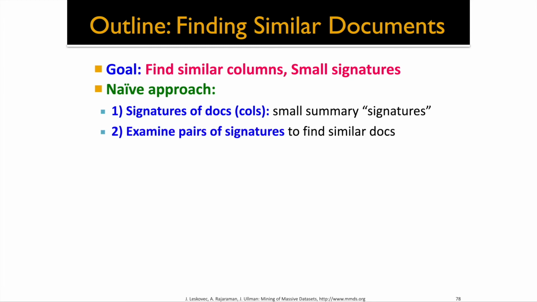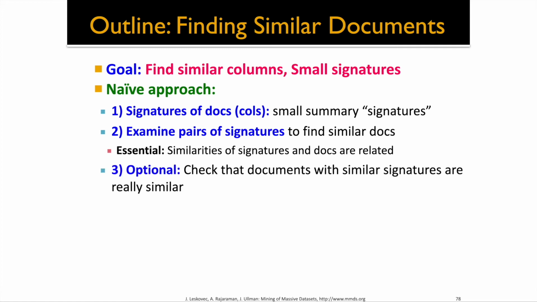And then we examine pairs of signatures to find similar documents, with the constraint that similarity between two document signatures must be related, or somehow proportional, to the similarity of the two documents in the full vector space. And then we have the option to actually go through and evaluate our candidates to see which documents are actually really similar. Because remember when we talked about the hashing trick with shingling, when we do this kind of compression, we introduce opportunity for error into the system.